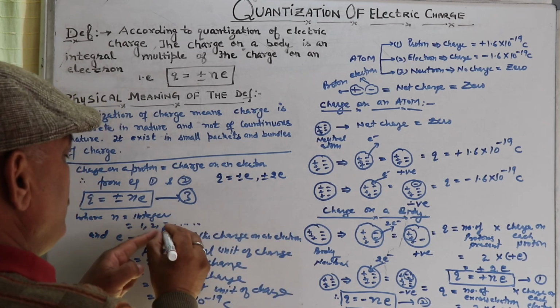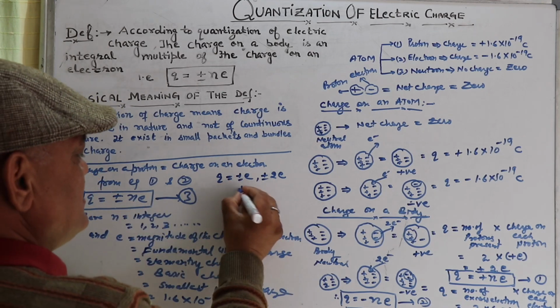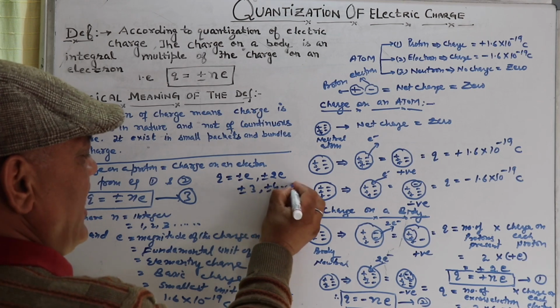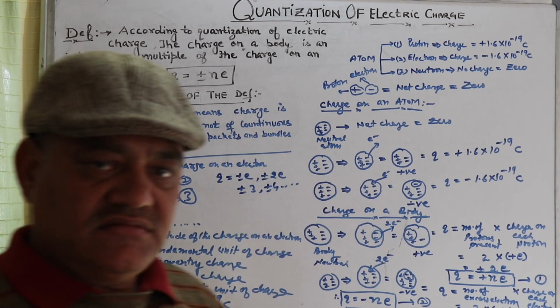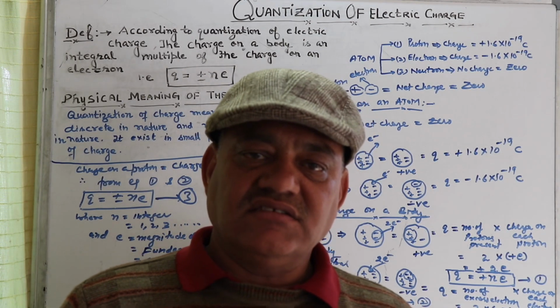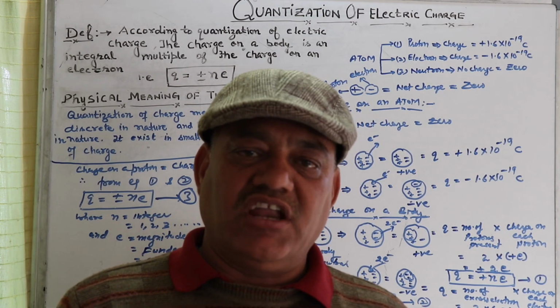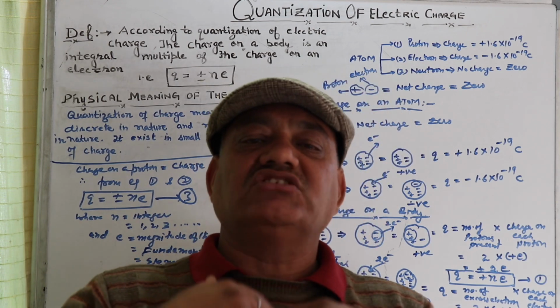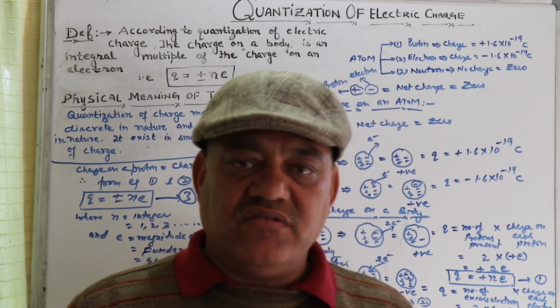When n is 3, the charge on the body is plus minus 3e, plus minus 4e, and so on. It means every body has a charge which is an integral multiple of the fundamental charge, the charge on an electron.